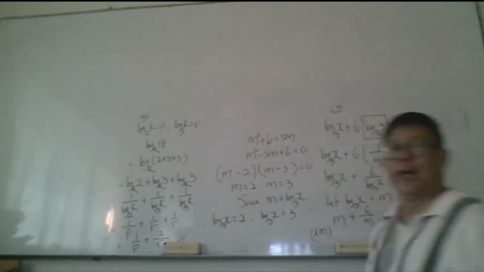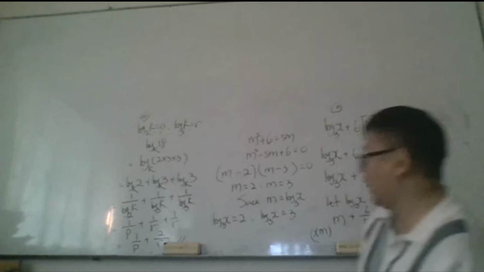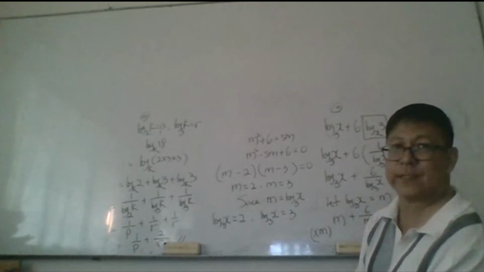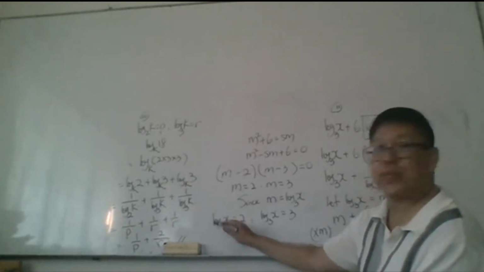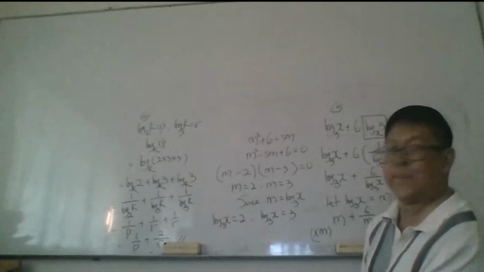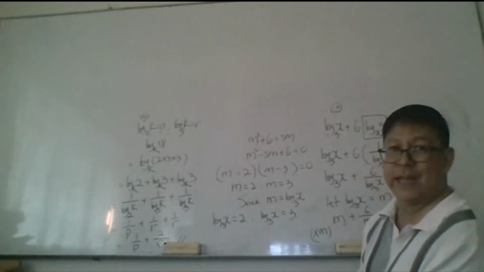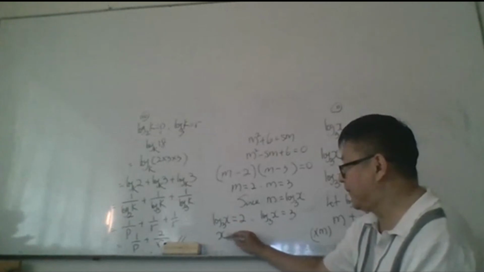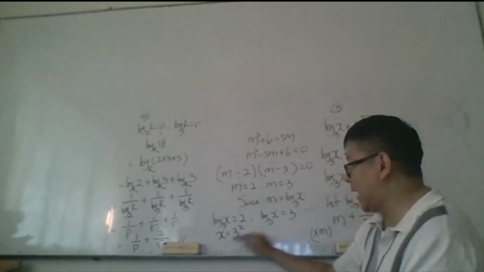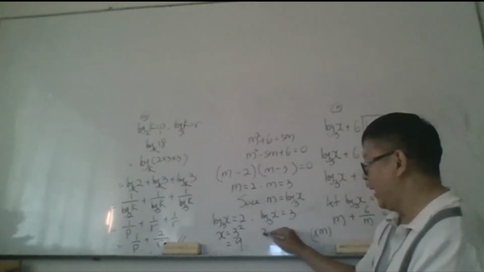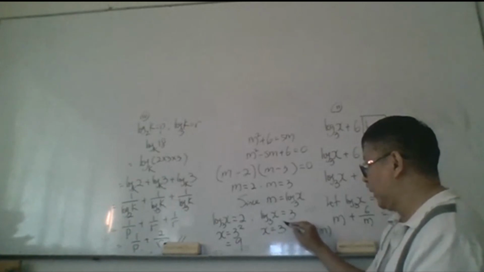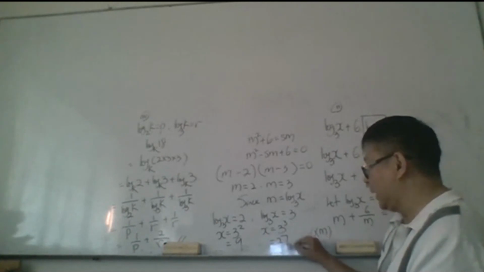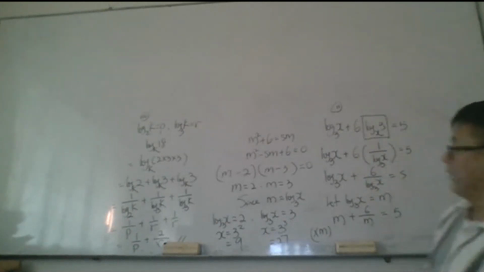So in order to get the actual value of x, I will change my logarithm form to index form. So the log base 3 will move to the other side, become 9. X will be 3 to the power of 3. So you get 27. Okay?